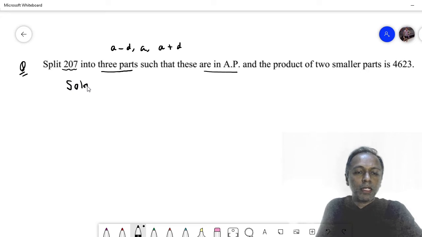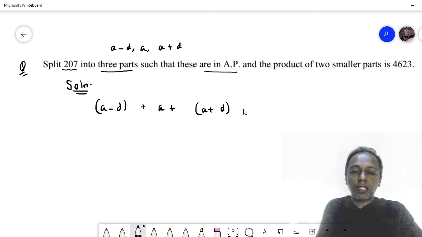Indirectly they have given us that the addition of A minus D, A and A plus D is equal to 207. As planned by us, D has got cancelled. So we are getting 3A is equal to 207. A is 3 times getting added.